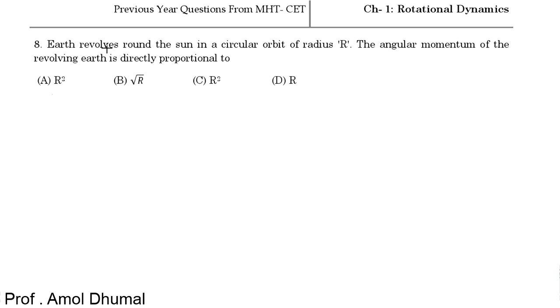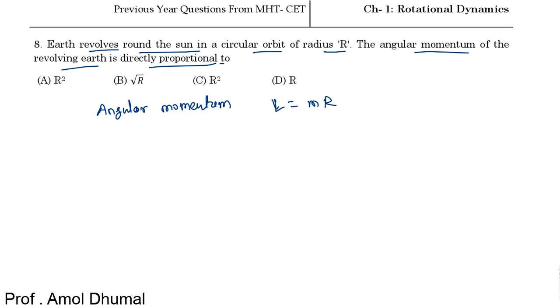Next, the earth revolves around the sun in a circular orbit of radius r. The angular momentum of the revolving earth is directly proportional to. So we have to find out the angular momentum. L is given as m r square omega. This is the formula for angular momentum.